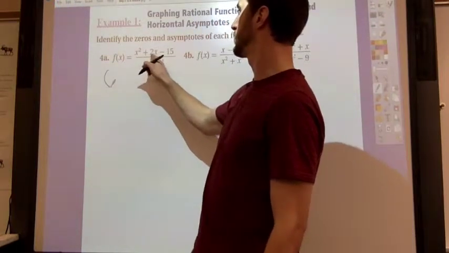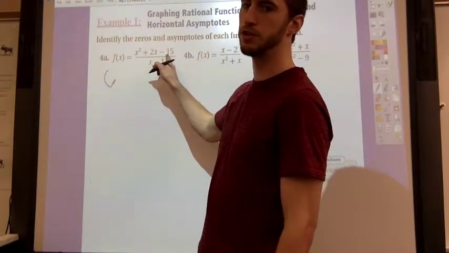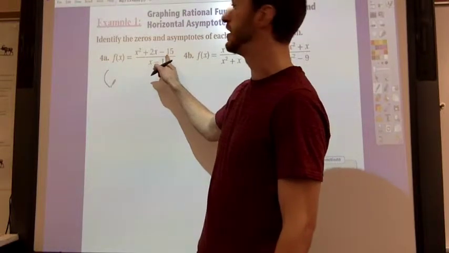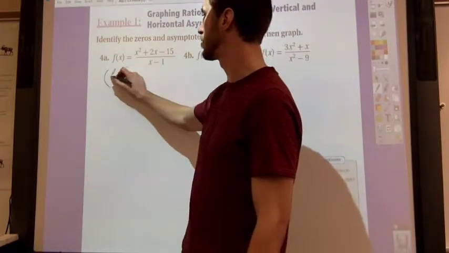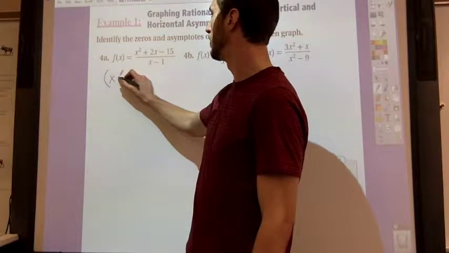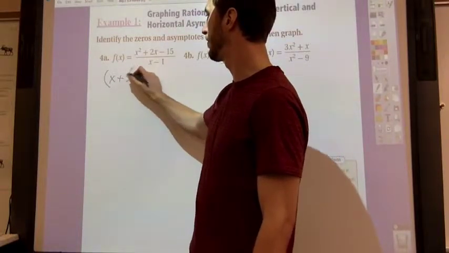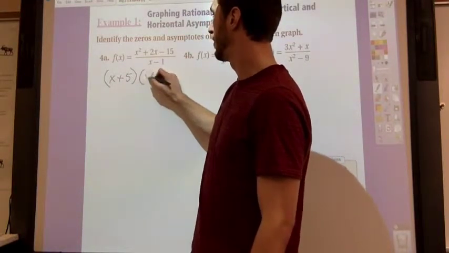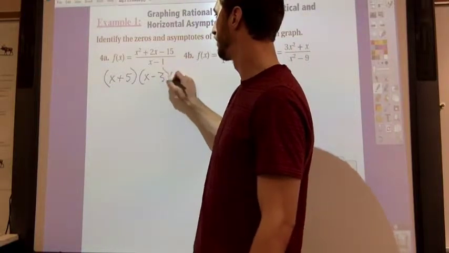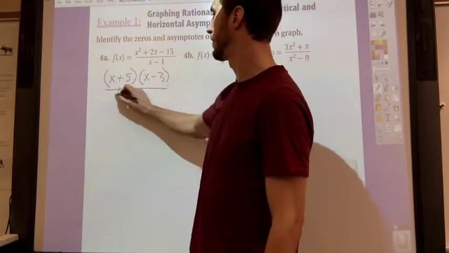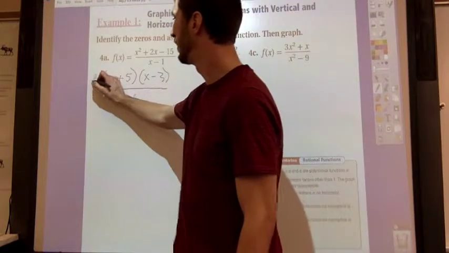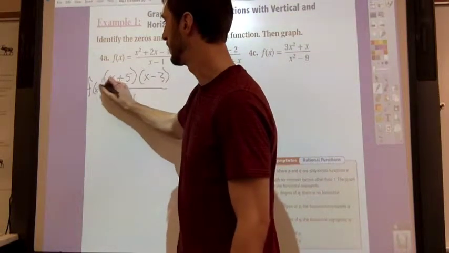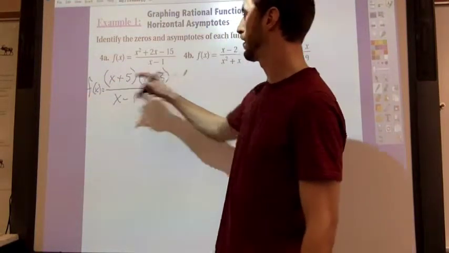So we've got x squared plus 2x minus 15, so I need two factors of negative 15 that are going to equal 2, so I'm going to choose a positive 5 and a negative 3, and then I'll put that all over my denominator, x minus 1. And so this is the same thing, just in factored form. This is my formula.